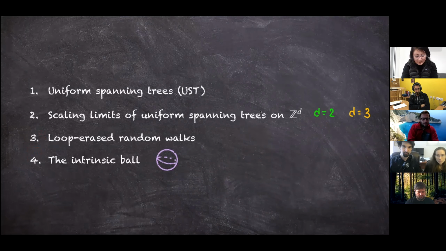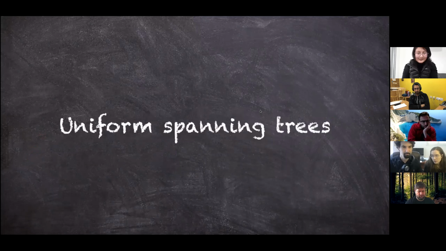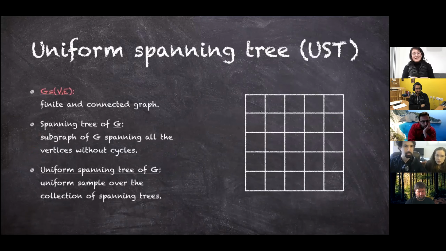And well, the main part that I really want to talk about today are the metric properties of the intrinsic ball of the uniform spanning tree. So let's start with the definition of the uniform spanning tree. The most simple scenario, of course, is when we just have a graph that is finite and connected, like the one that I have here on my right.